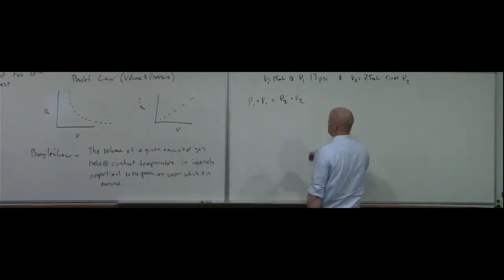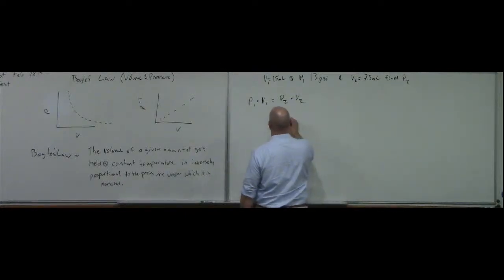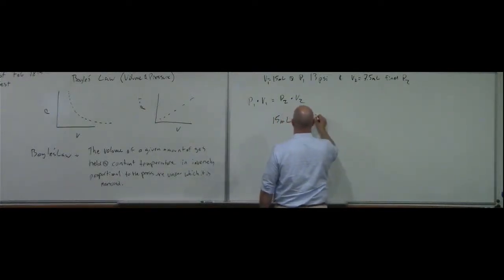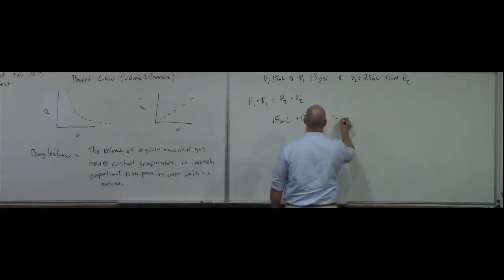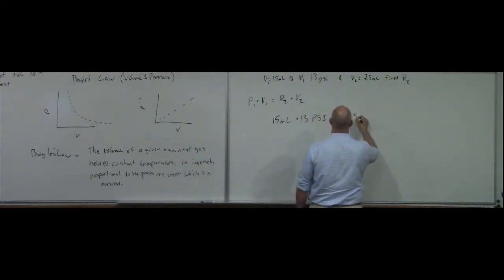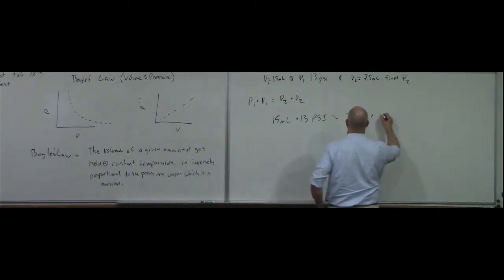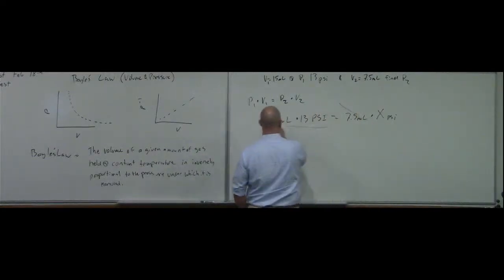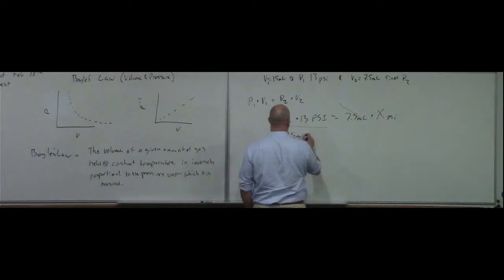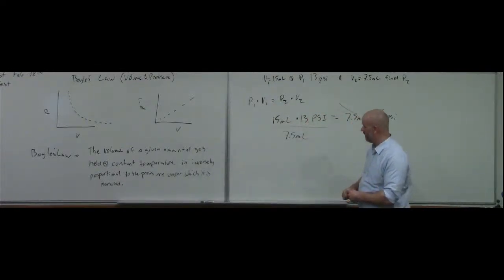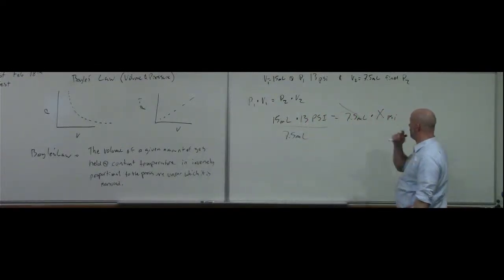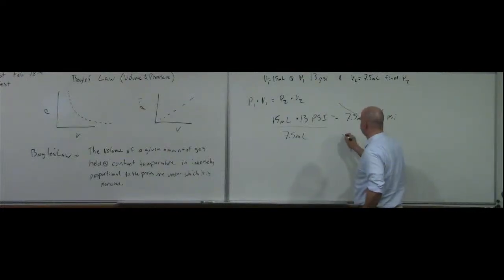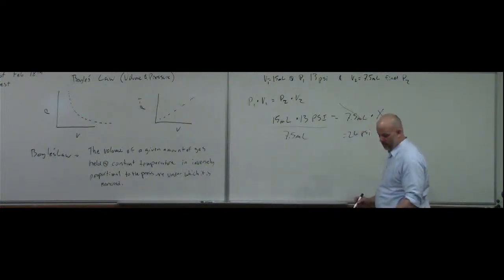So based on this, we go 15 ml times 13 psi equals 7.5 ml times x psi, right? I'm solving for psi, so I need to get rid of that, put it over here. And now we'll get the answer that they want, which is to double this thing, which is 26. Okay. Well, there we go.